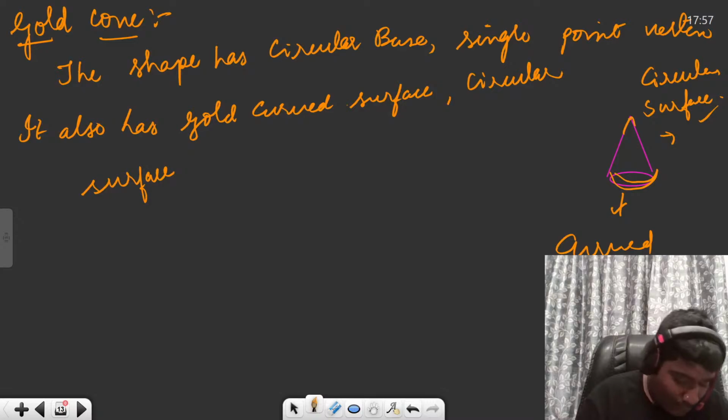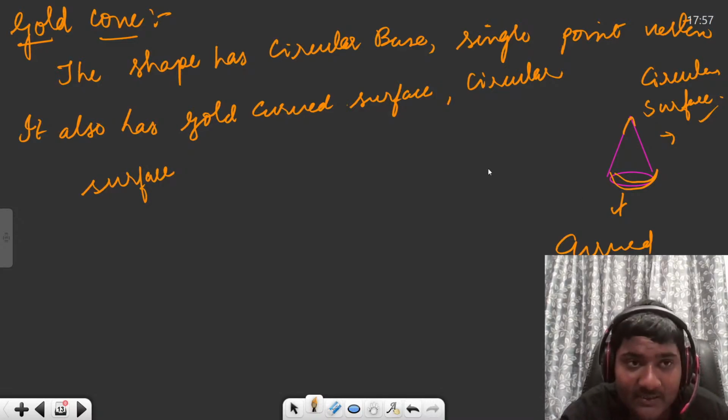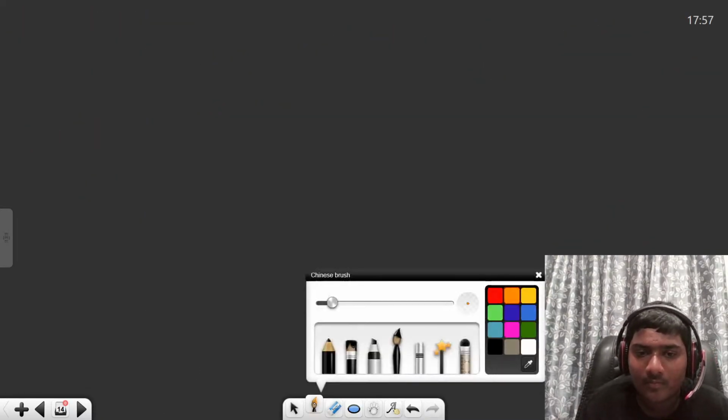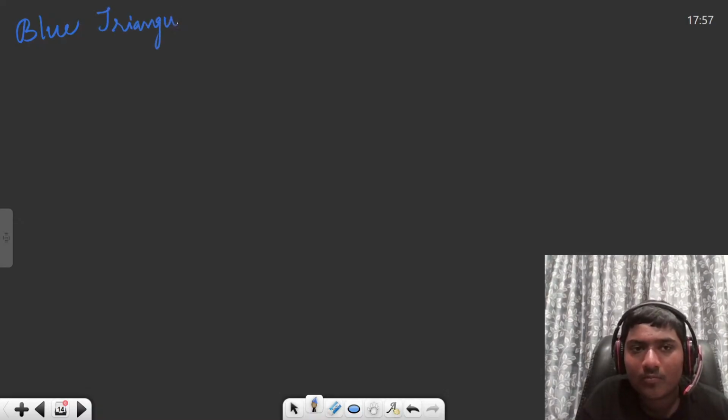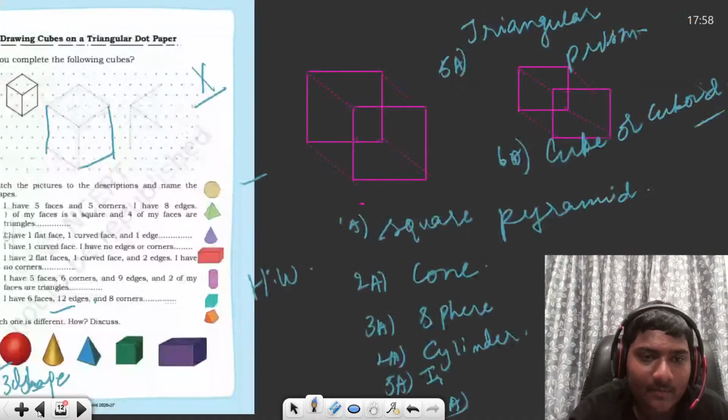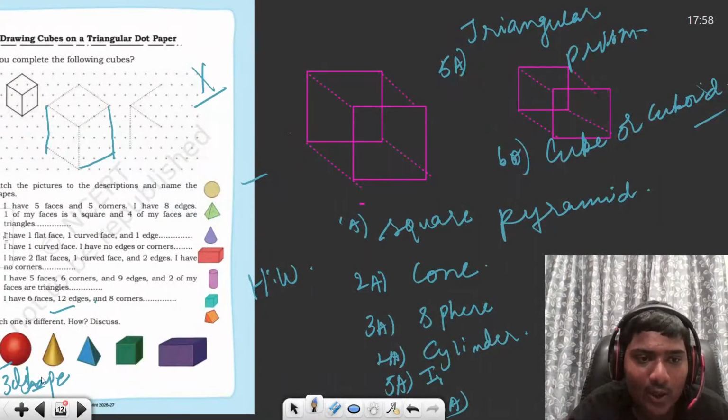Okay. Moving ahead to the next one, which is blue triangular pyramid. What is it, children? Blue triangular pyramid. So we have done two shapes and we have two more left.